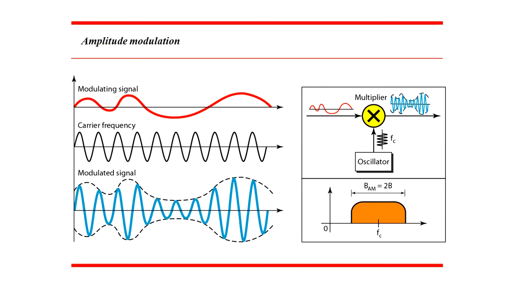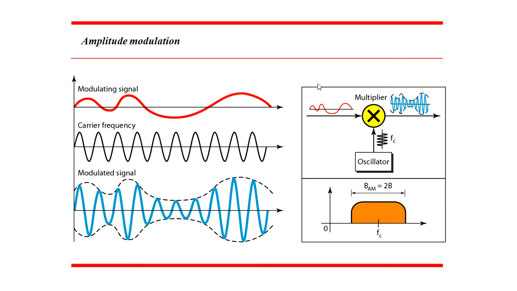The second one is your carrier frequency. Now you are going to embed this carrier frequency into the modulating signal such a way that you can see here, in the modulated signal, the amplitude has increased. The frequency remains the same, but the amplitude of the signal has increased.